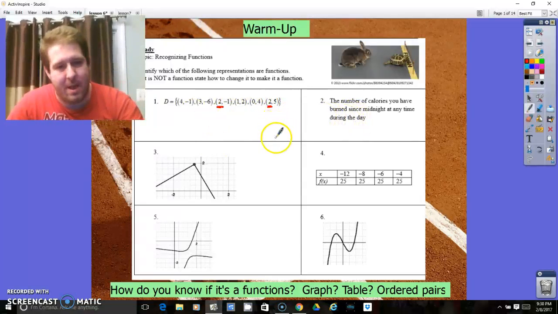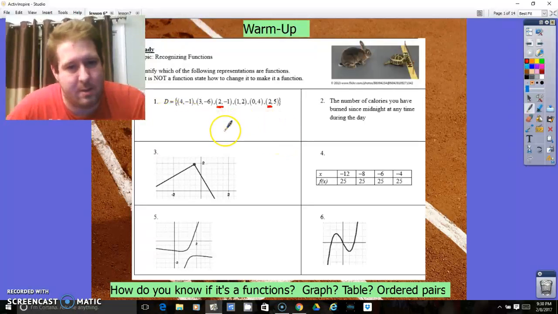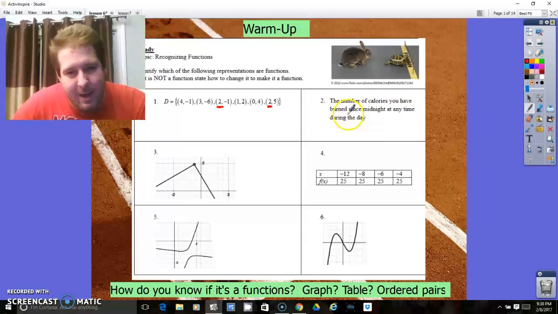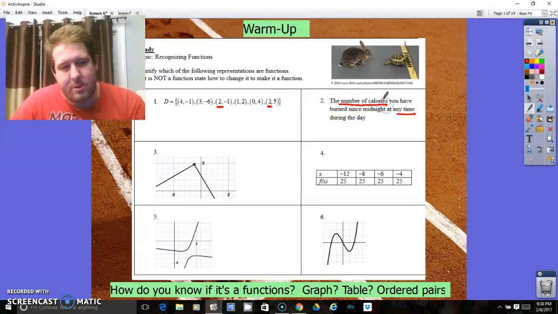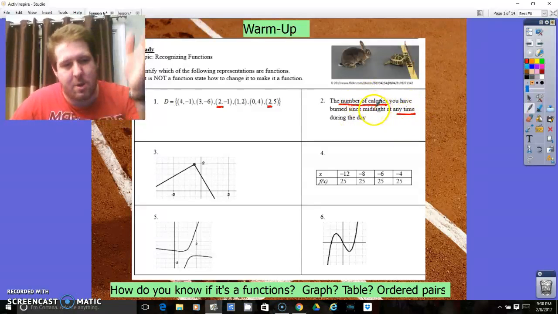I'm not going to be writing the answers on here. You're just going to have to listen to me and write it and describe what I'm saying yourself. So the number of calories you burn since midnight at any time: time versus number of calories. There's your two variables. Time is always the independent and number of calories is the dependent.